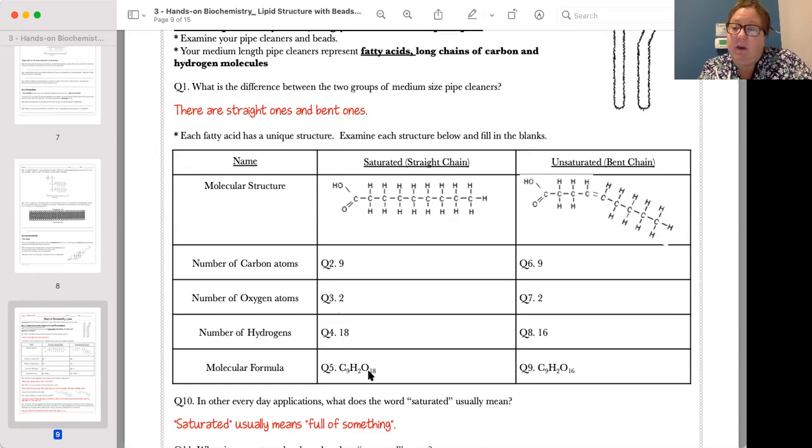However, this unsaturated one, which is bent, has 9 carbons, 2 oxygens, and 16 hydrogens, because 2 hydrogens have been removed and another bond has been placed between the carbons. It's a double bond.